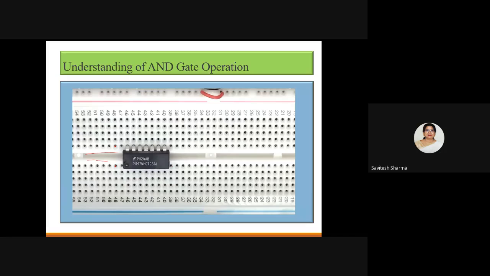7 pins you will insert this side, 7 pins you will insert this side, and these holes are actually internally connected. Means if suppose you are inserting a wire here, and you are inserting a wire here, that means internally these 2 wires are connected.